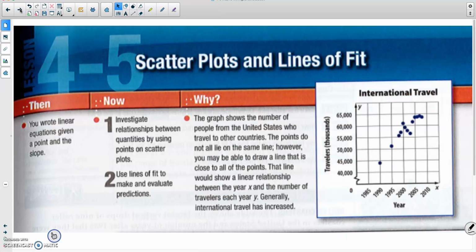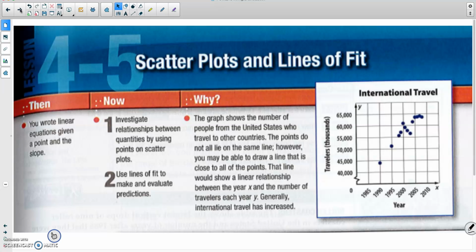So here's our Y slide. Before, you wrote equations given a point and a slope. Now you're going to investigate relationships between quantities by using points on a scatter plot. You're going to use lines of fit to make and evaluate predictions. Why? The graph shows the number of people from the United States who travel to other countries.